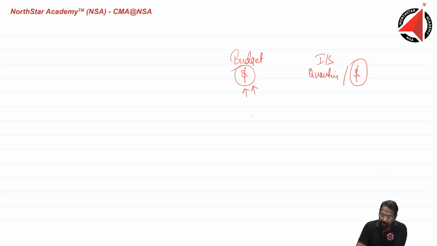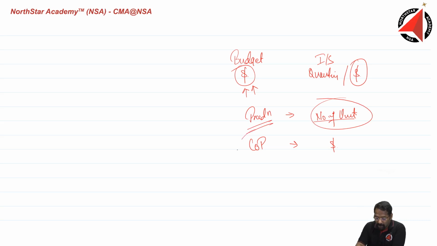For example, the production budget. Production budget cannot be presented in dollar value because production is about number of units, right? Number of units. But cost of production can be presented in dollar value. Agreed? Number of units produced cannot be presented in dollar value, but cost of production can be.